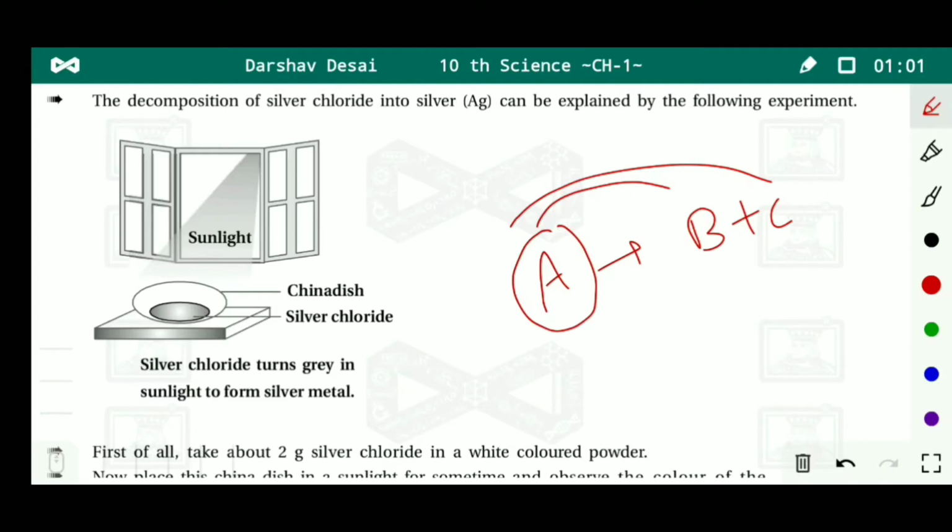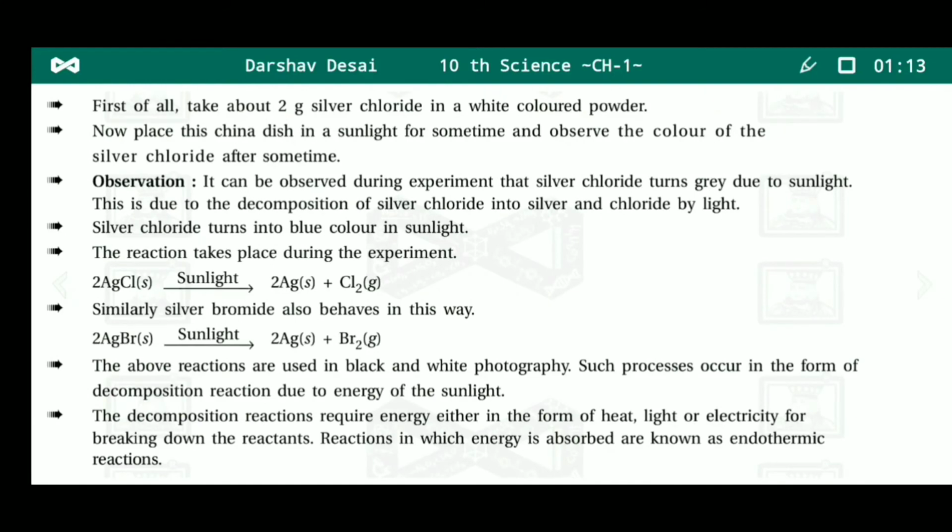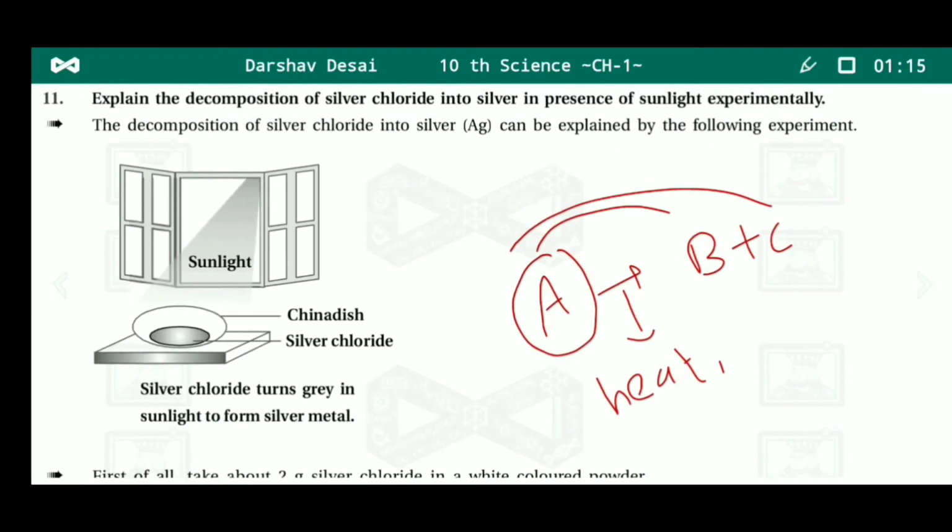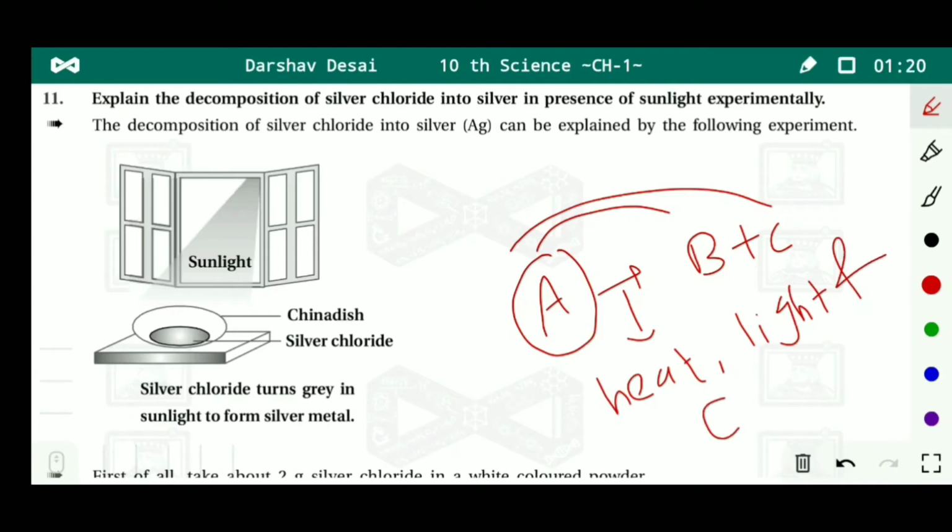Here one compound is converted into more than one substance by applying energy in the form of heat, light or electricity.